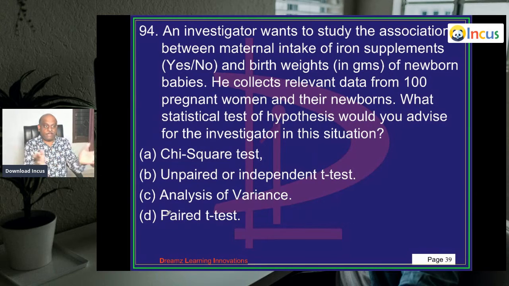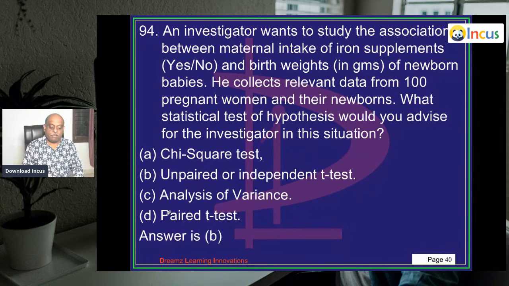Continuous variable where you are calculating the mean value and comparing the means, student t-test is for the means. Chi-square is for comparing proportions in the discrete variables, is what you need to remember.